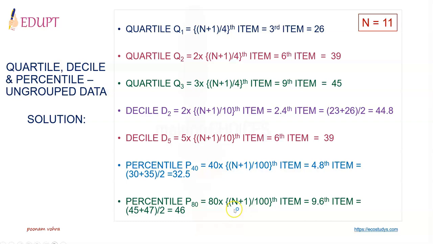Substituting the value of n and after its calculation, you get 9.6th item, which is 45 plus 47, 9th and 10th item to be divided by 2. It is 46. So one can easily apply the formula, substitute the values, and can find that particular item. Corresponding to the item is the value which is either quartile, decile or percentile, whatever is asked.